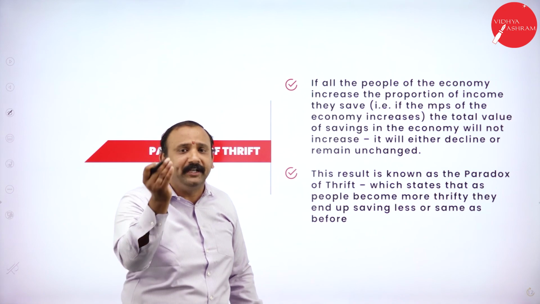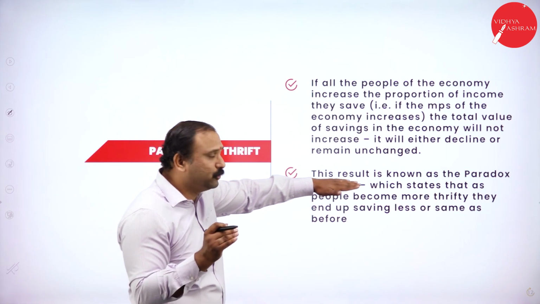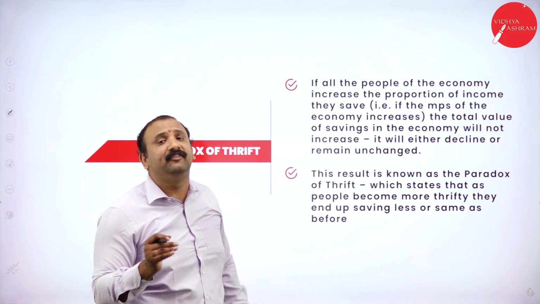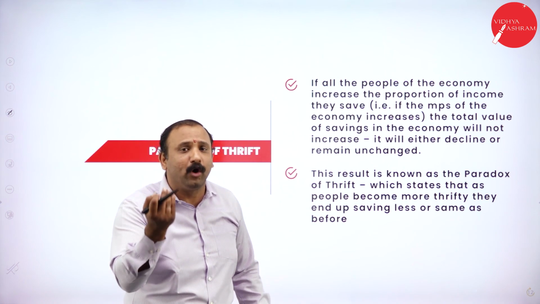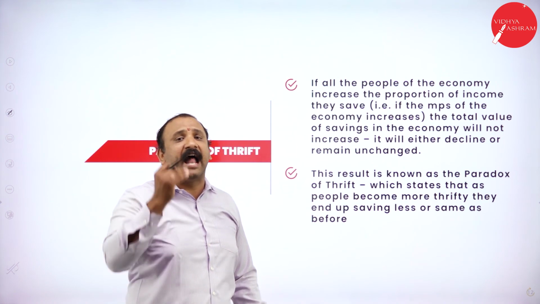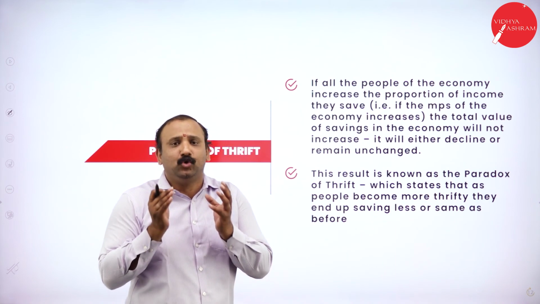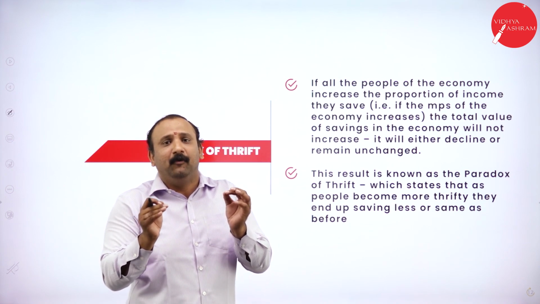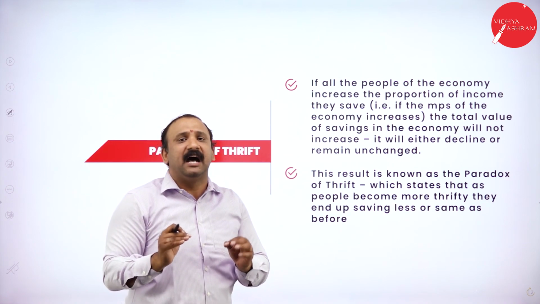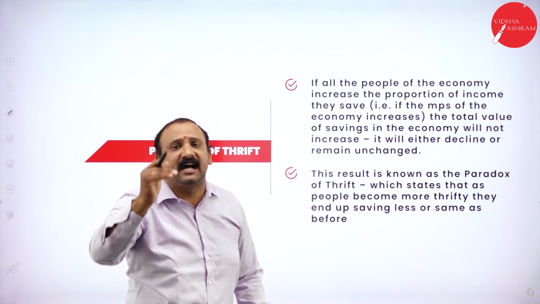Why? Because beyond a point, savings will not matter to you at all. So that is what I'm going to talk about as the paradox of thrift, which states that people will become more and more thrifty and end up saving less than before, because initially you will be highly interested in saving, but after some point when you have made enough savings, when people talk to you about savings, the interest level starts coming down.